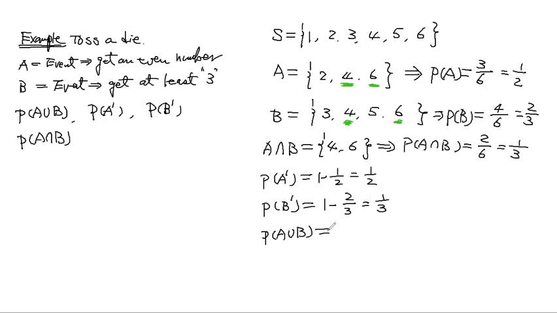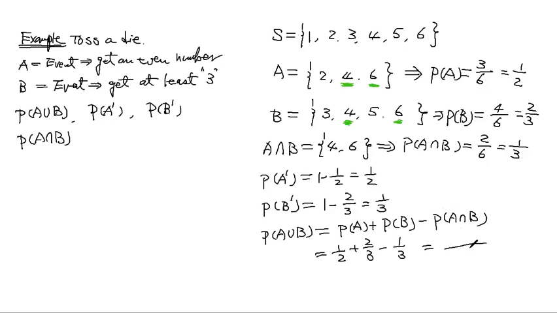Okay, so now let's take a look at the probability of A union B. If I want to use my addition formula, remember my addition formula is P(A) plus P(B) minus P(A intersect B), right? So now P(A) I know is 1/2, P(B) is 2/3, then A intersect B is minus 1/3. So let's take a look at what this is.